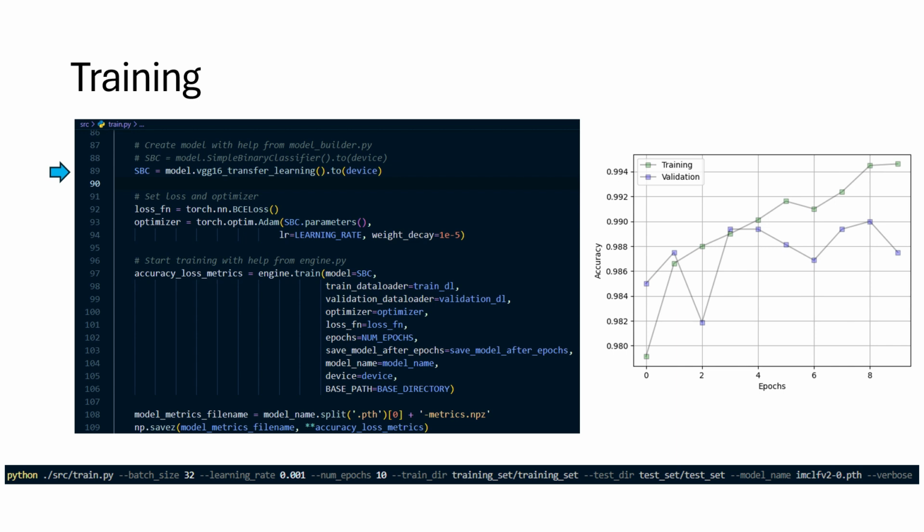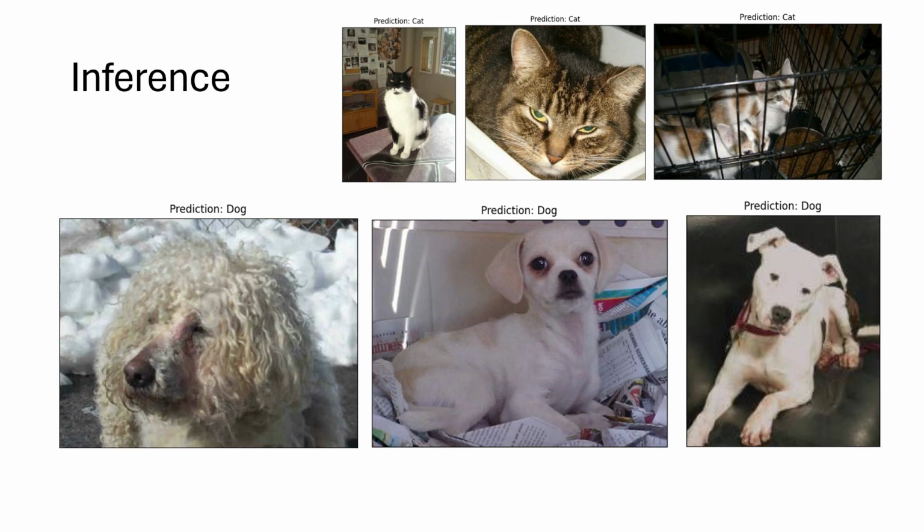As we can see, after only 10 epochs, we were able to achieve an accuracy of almost 99%, whereas in the previous case, our accuracy was around 80%. In this case, when we run inference on unseen examples, predictions are much more accurate. This shows how powerful transfer learning approach can be.